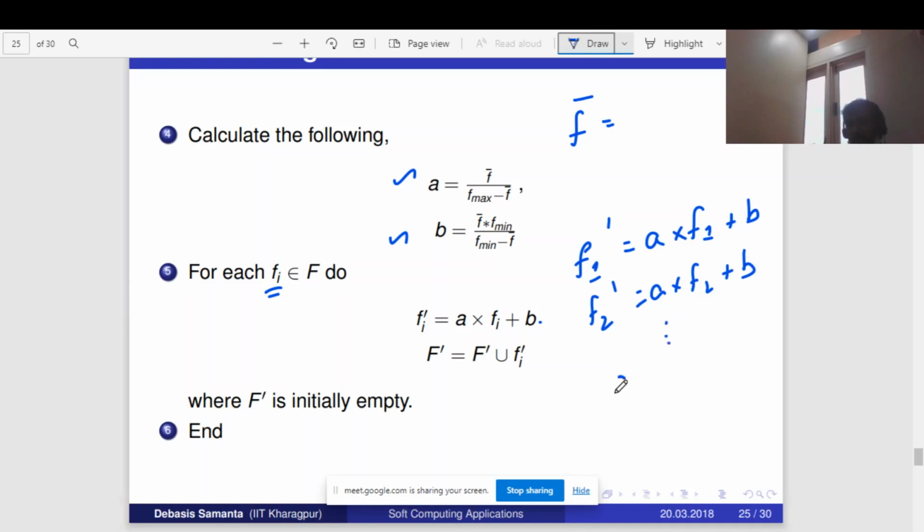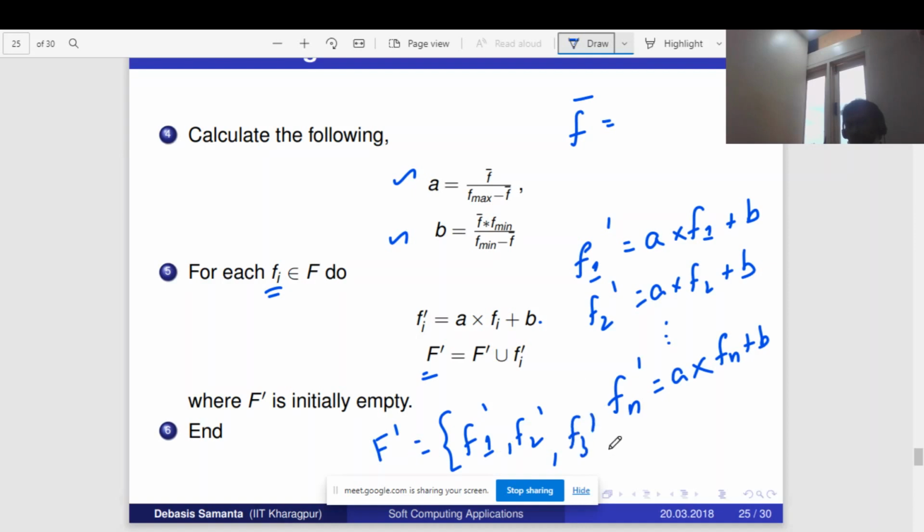What is fn dash? Like that you calculate all the fi dash. After calculating each one, you add it to the set f dash. So finally f dash will be f1 dash, f2 dash, f3 dash, and so on. It will have all the values. So this is how we perform linear scaling.